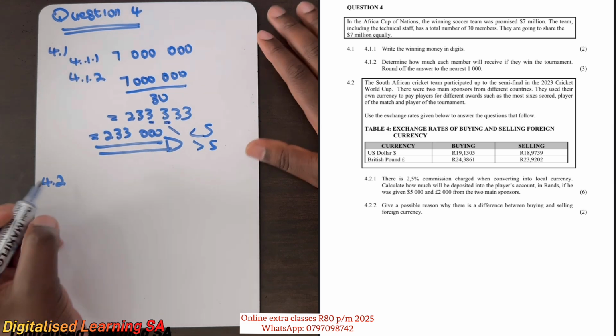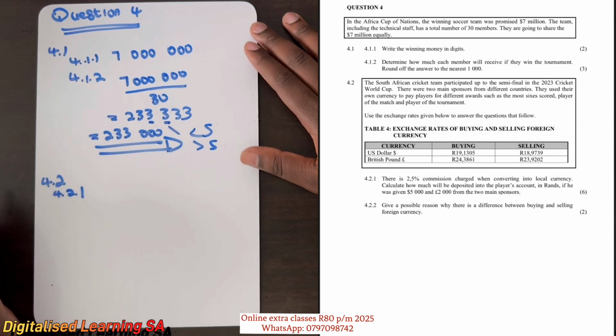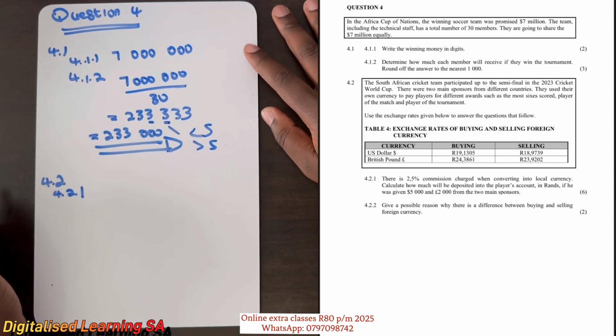So we are going to start with question 4.2.1. Question 4.2.1 says that there is 2.5% commission charged when converting into local currency. Calculate how much will be deposited into the player's account in rands if he was given $5,000 and £2,000 from two sponsors.